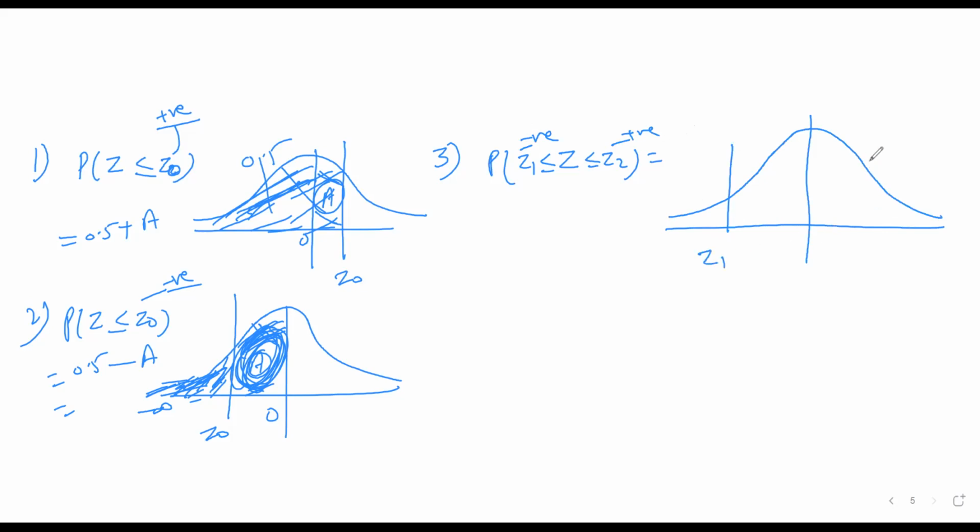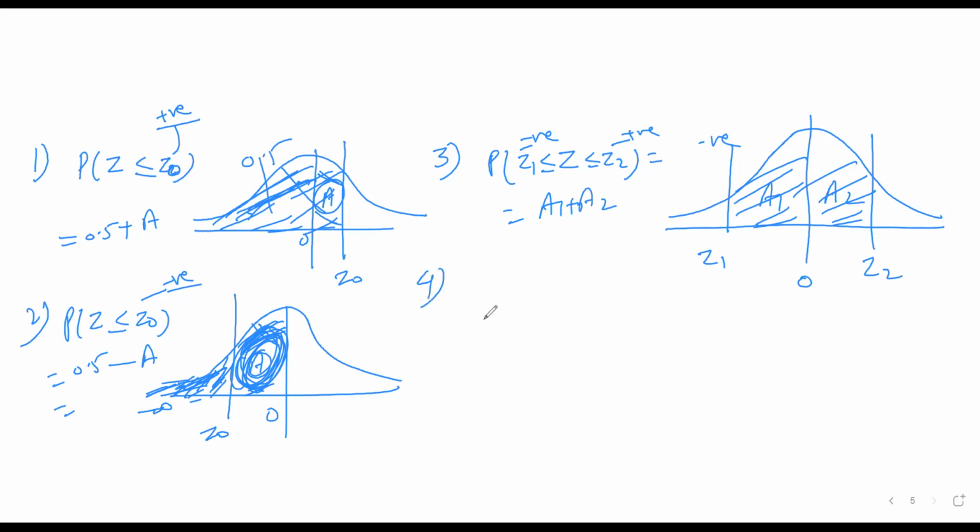This is the z1 and this is the z2. Z1 is negative, so it should be this side, and this positive. So z must be greater than or equal to z1 means this region, and z must be less than or equal to z2 means this region. यानी अगर ये region A1 है और ये region A2 है, तो the answer will be here A1 plus A2.